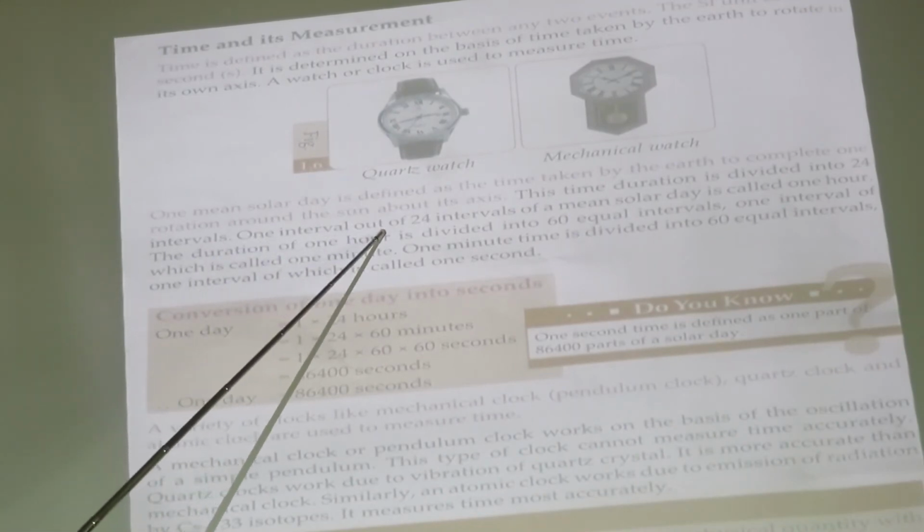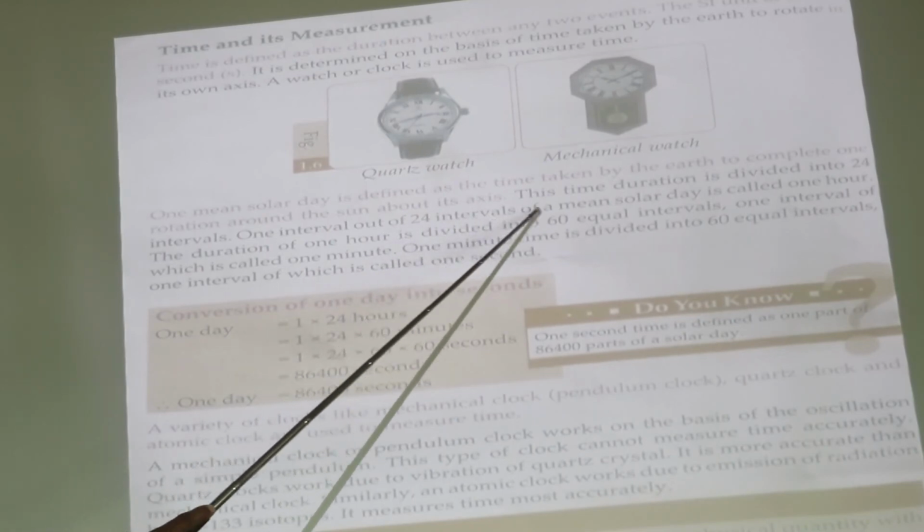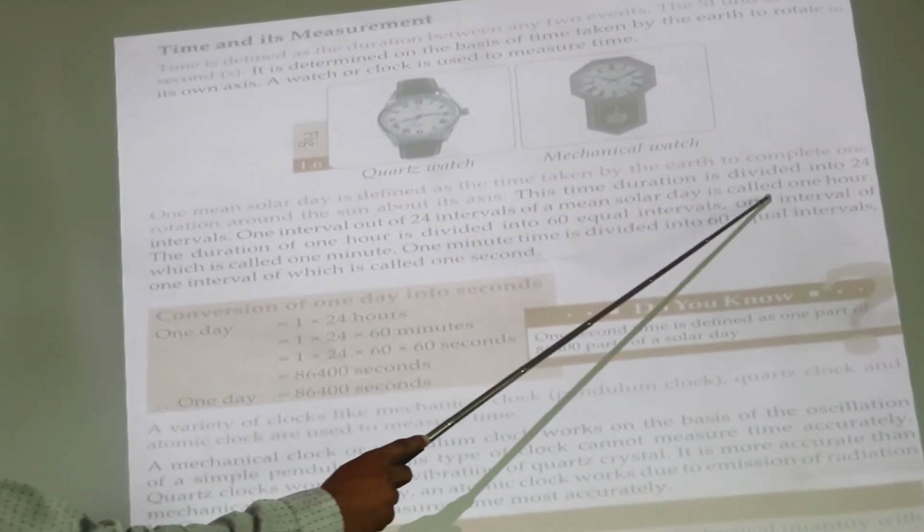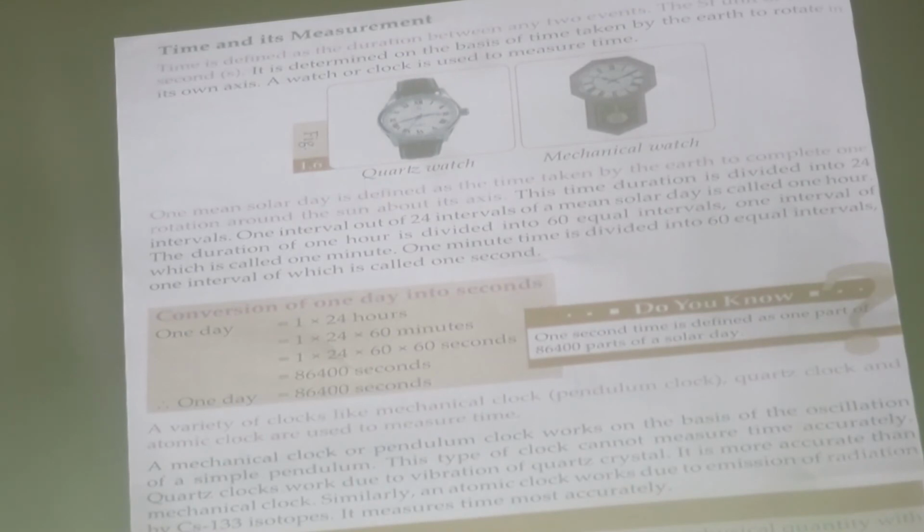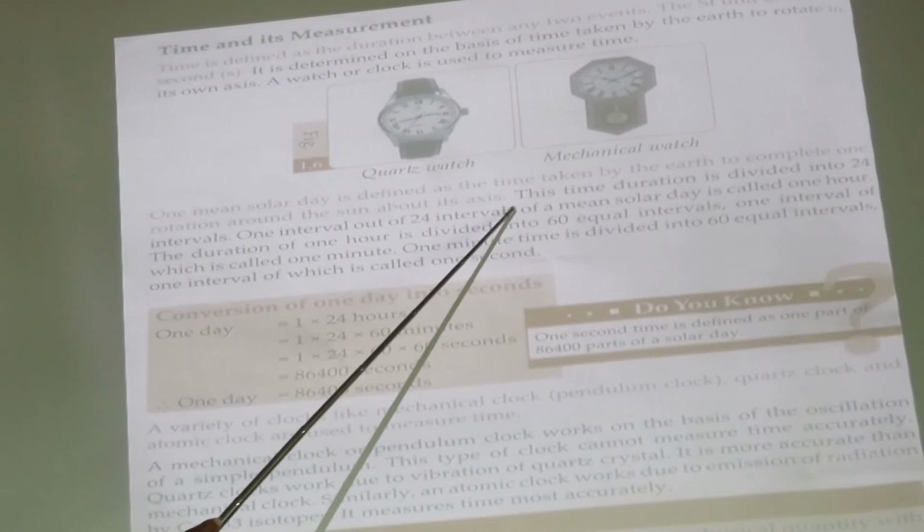One interval out of 24 intervals of a mean solar day is called 1 hour.